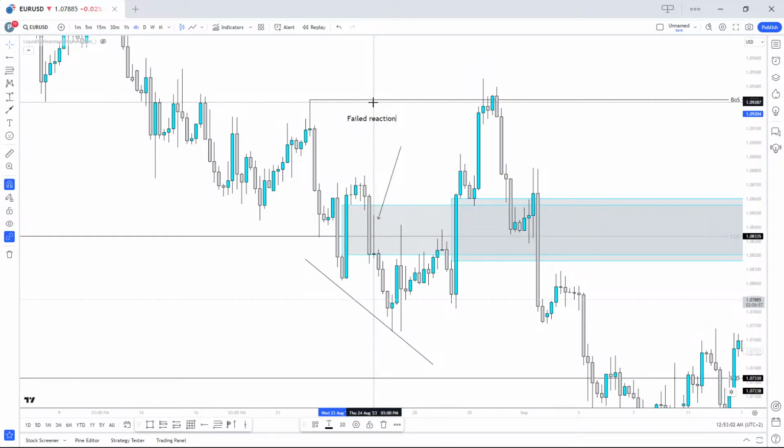And we can also look for confluences on the failed reactions, like price piercing through the fair value gap. We'll have to structure this up, but basically: failed reaction, fair value gap pierced through, making the lower low and continuing the trend.